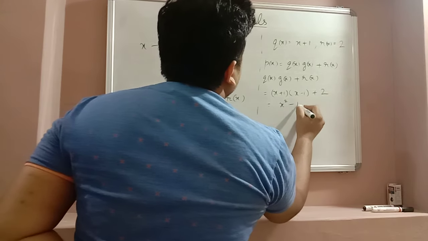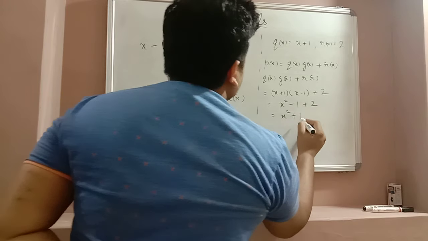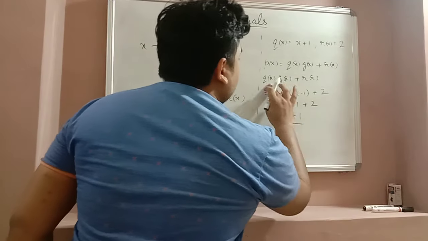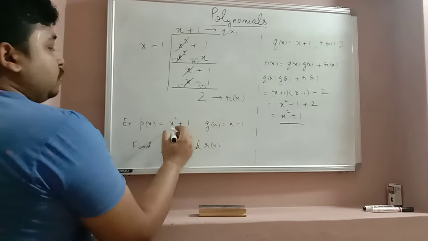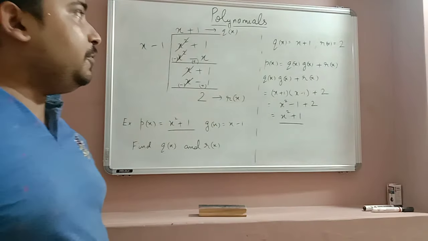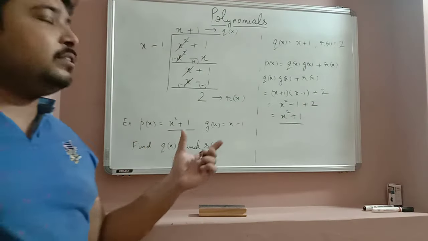This turns out to be x square minus 1 plus 2, which happens to be x square plus 1. So we got g of x into q of x plus r of x is x square plus 1, which is equal to p of x, that is x square plus 1. I hope this is clear to you. Let us do some more questions in order to have a greater clarity on this.